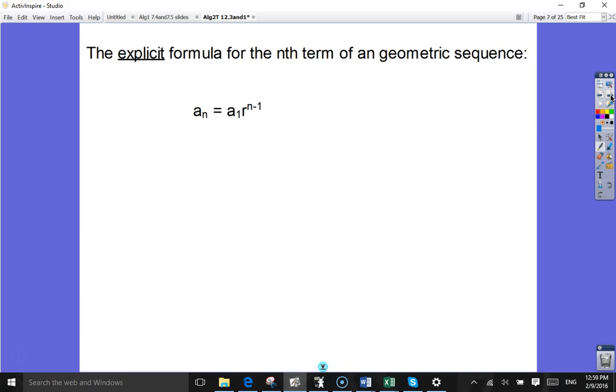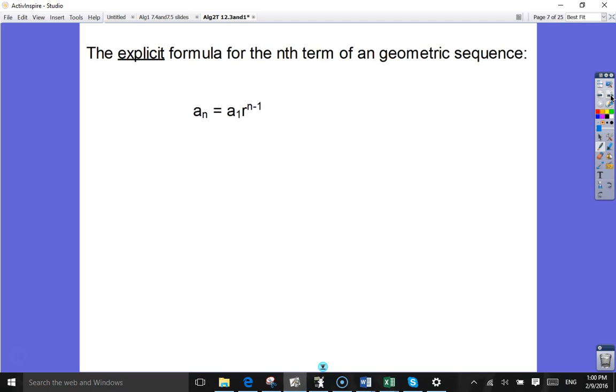Okay, now just like we did with arithmetic, we have a formula for the nth term of the sequence. It's the first one in the list on the formula sheet. an, the nth term, is the first term, a1, times r to the n minus 1. So notice, if you plug in n equals 1, then you get a1 times r to the 1 minus 1, which is r to the 0.